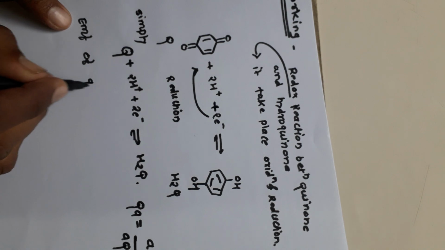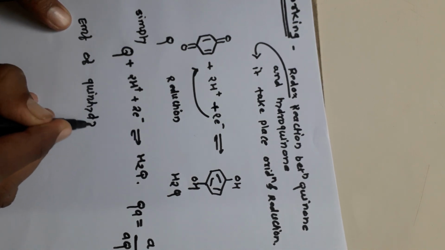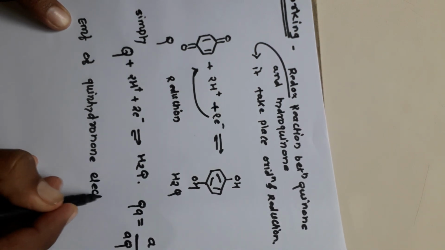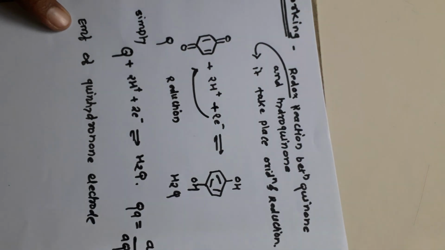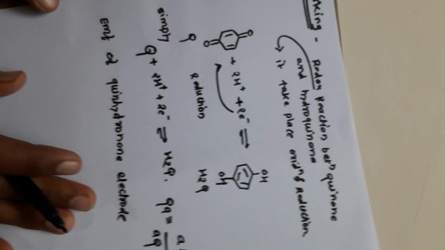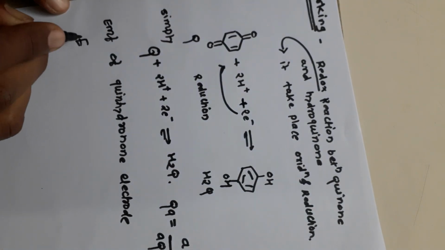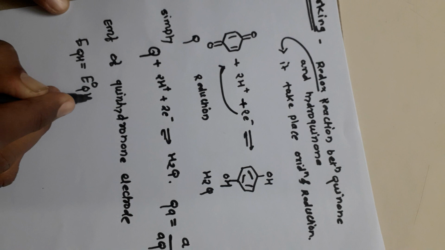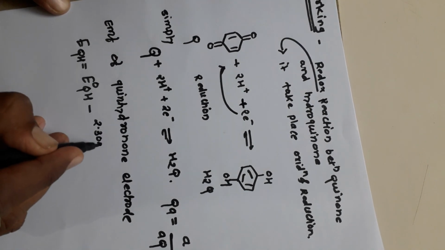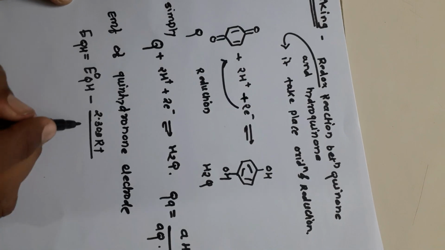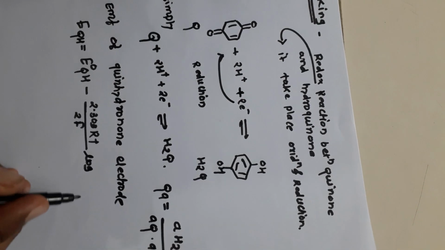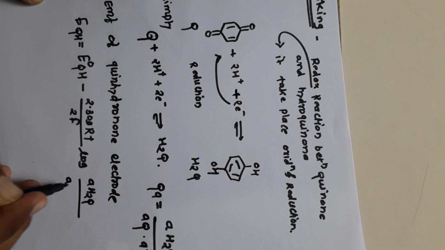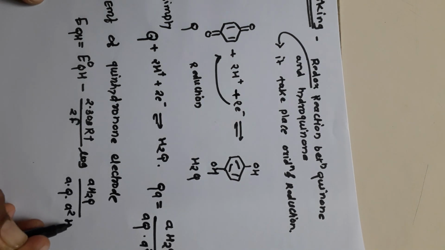The EMF of the quinhydrone electrode is equal to E0 of the quinhydrone electrode minus 2.303RT upon 2F log of Qa, where Qa is the activity of hydroquinone upon the activity of quinone times a square of H+ ions.